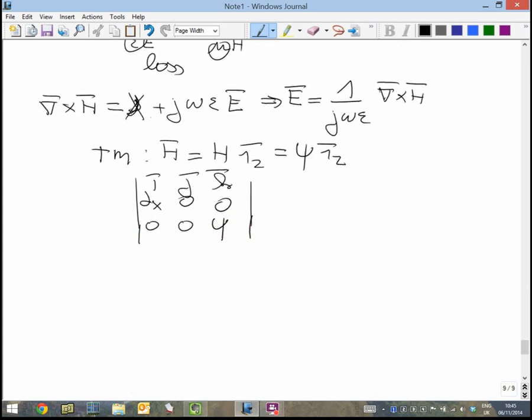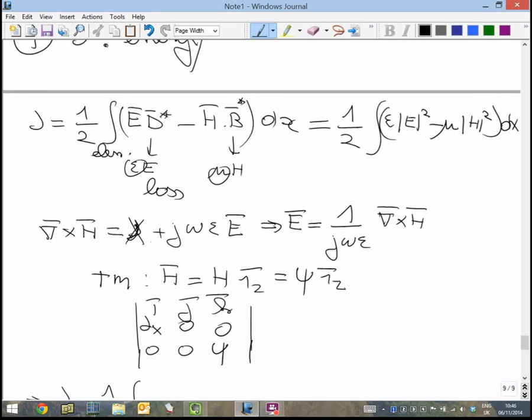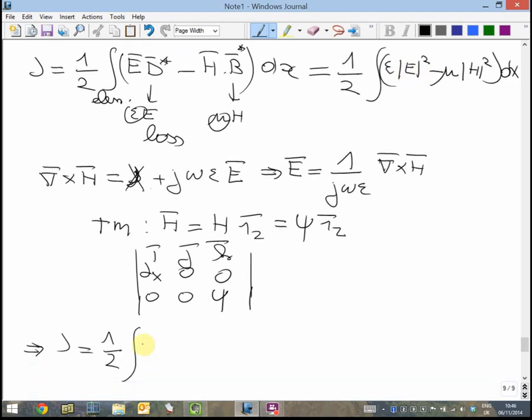So the upshot of all of this is that you can finally write down that J is 1/2 of the integral. So we have epsilon and then the square of E. So this is 1 over omega squared, E squared.